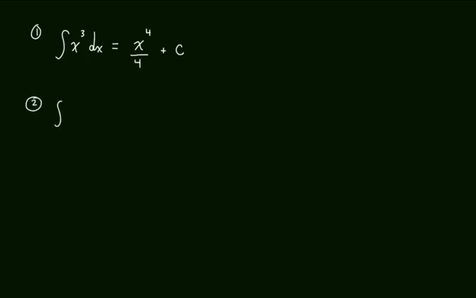Okay, we're going to find the antiderivative of 5x cubed minus 2x squared plus x with respect to the variable x. Okay, let's do our reverse power rule.